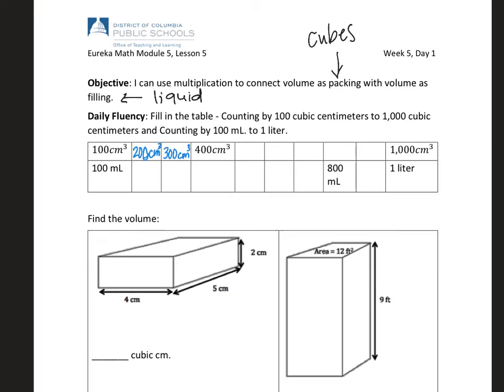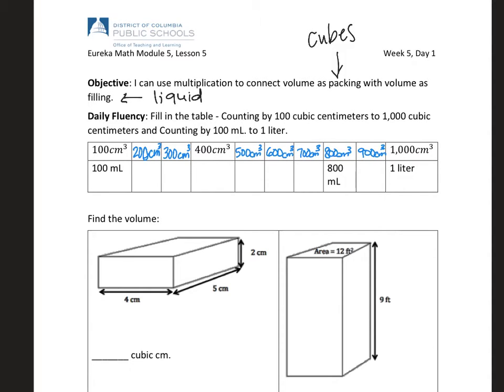This box is way too tiny for me. And then 400 cubic centimeters, 500, 600, 700, 800, and 900 cubic centimeters. Okay, and then at the end we get to 1,000 cubic centimeters.